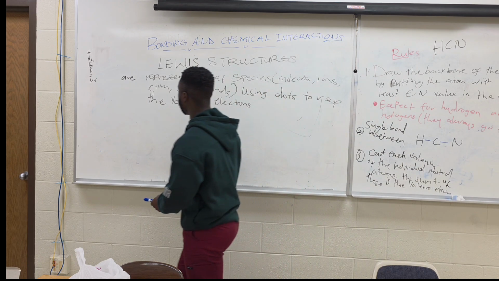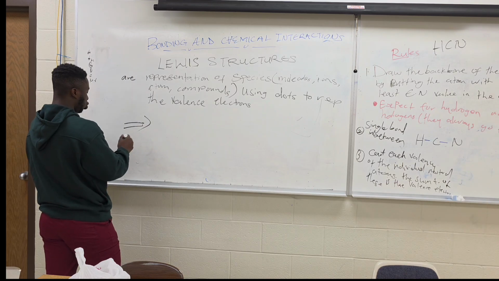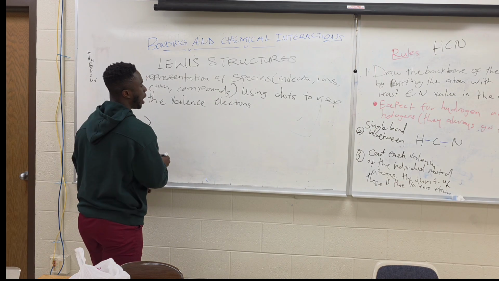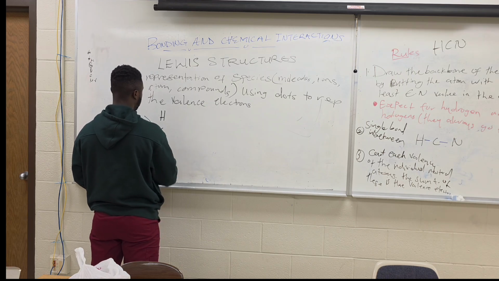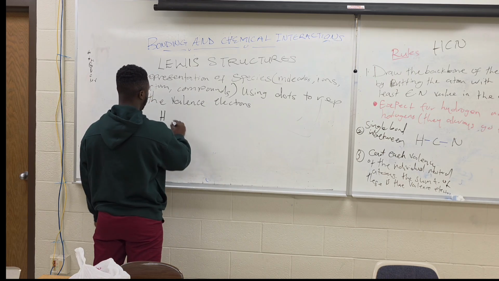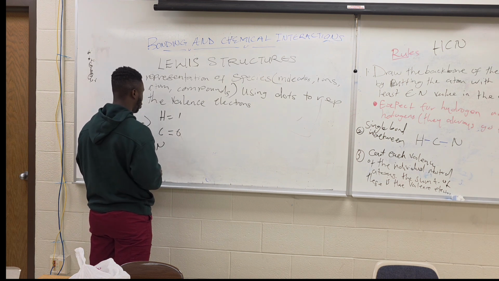So I'll come over here. I'll continue over here. Big arrow. So what species do we have? We have our hydrogen, we have our carbon, we have our nitrogen. Hydrogen is in group 1, so it has 1 electron.